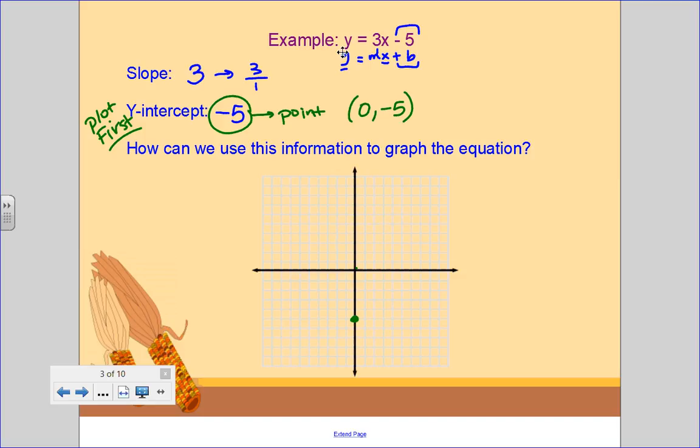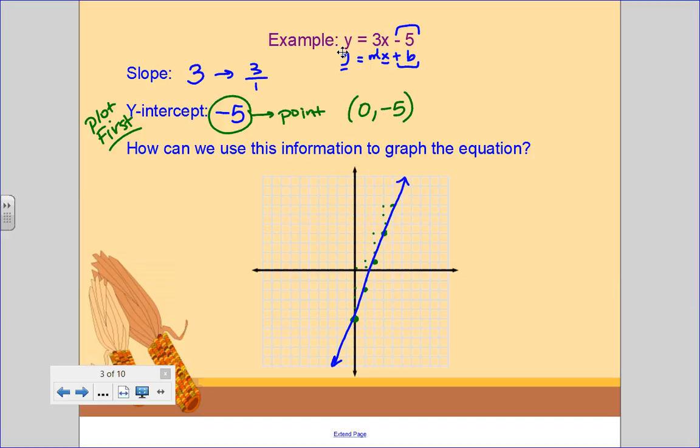Now that we have that point, we're going to count out our slope, which was 3, or 3 over 1. So that means we need to rise 3 and run positive 1. Rise 3 again, run 1. And I'm getting multiple points on this line. Once I've got plenty of points, I'm going to connect them with a line that has arrows on the end.